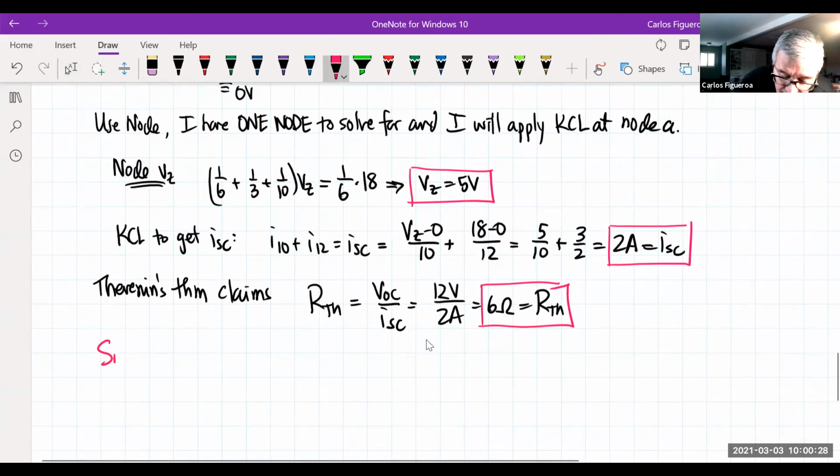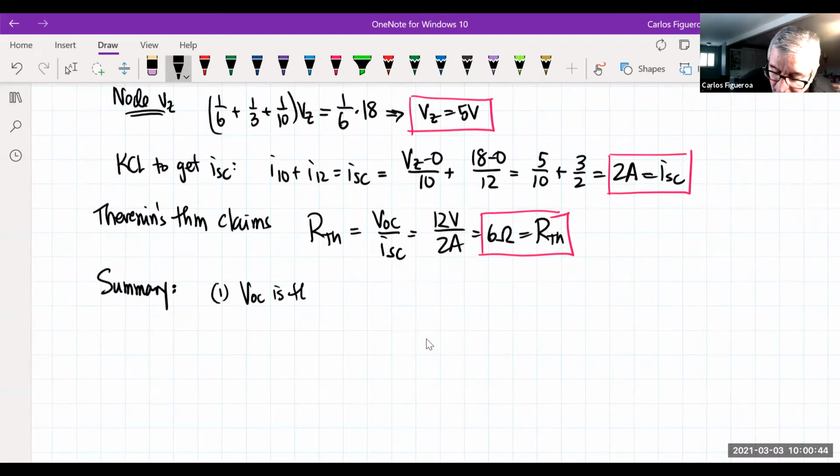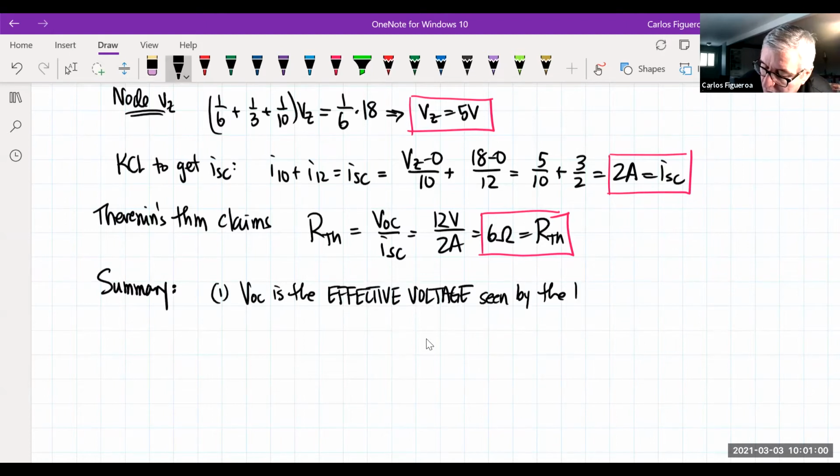So in summary, what am I seeing here? The first thing that I know is VOC is the effective voltage seen by the load.